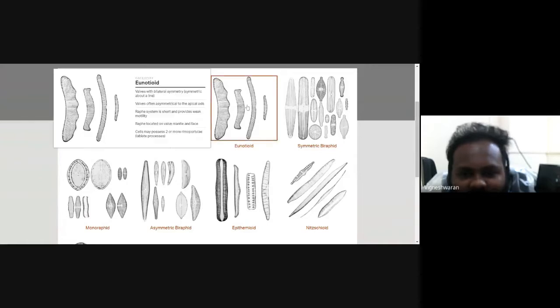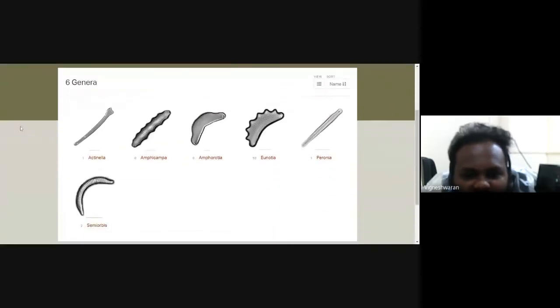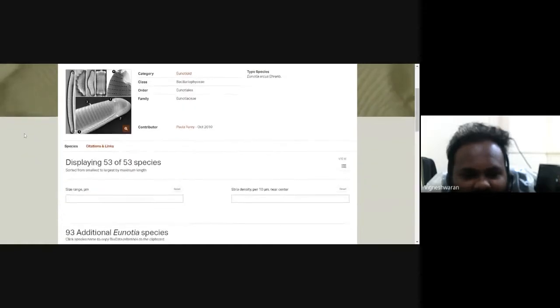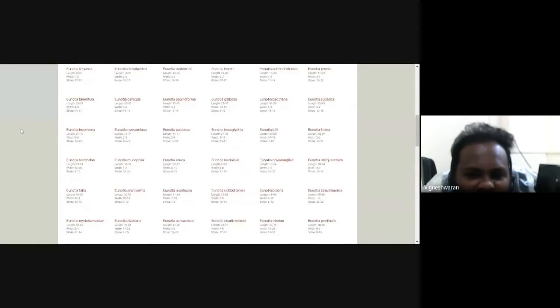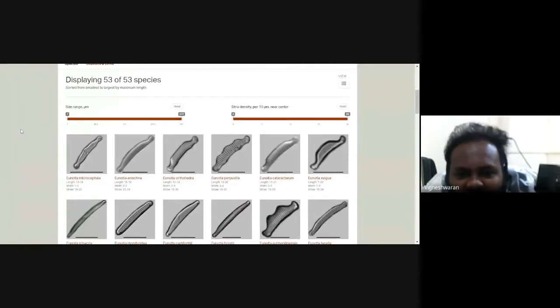Next is Eunotioid. As I said, these are all different types of Eunotia. In the Eunotia genus alone there are 53 different species in North America. But in India, unfortunately, we don't have anything like this.